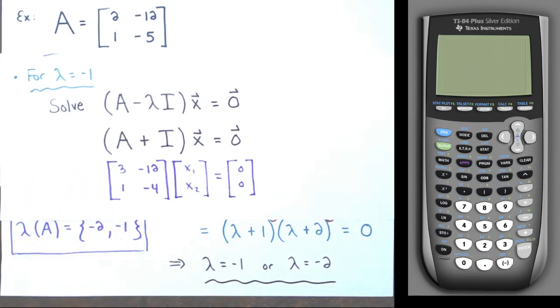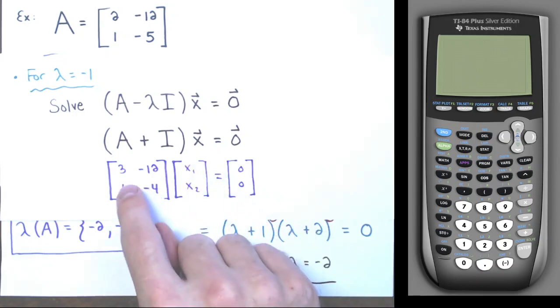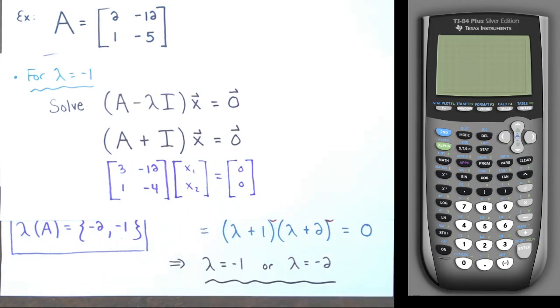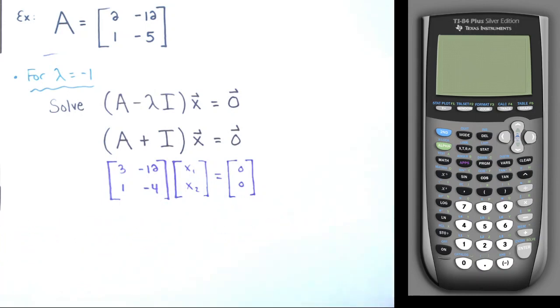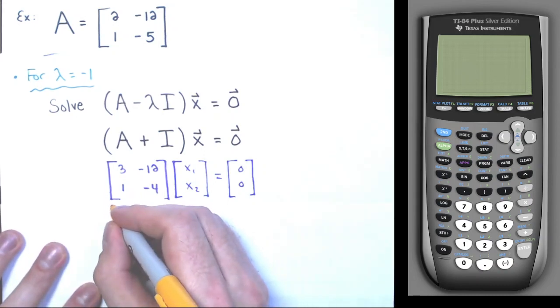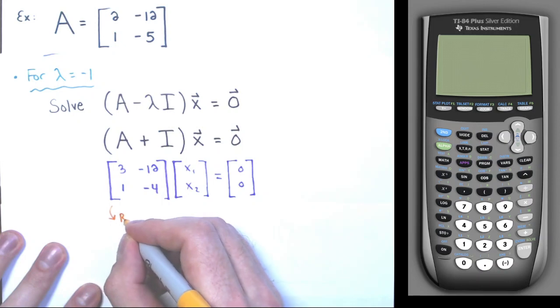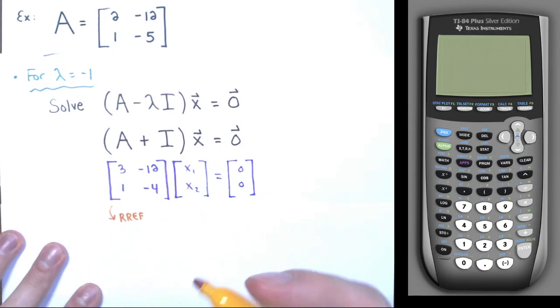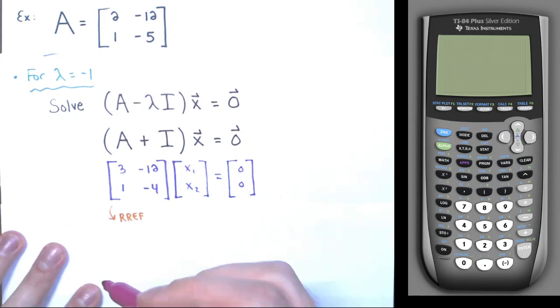I'm not going to write the augmented matrix with the bar and the zeros, because that column of zeros stays a column of zeros whatever row operations you perform. So I'm going to take the matrix A plus I and put it into reduced row echelon form. You can use a calculator for this, but it's only a couple of rows and pretty easy to see.